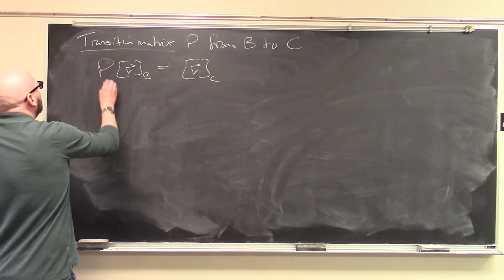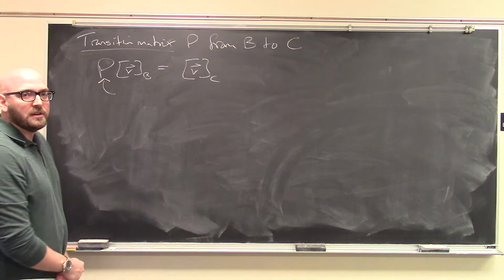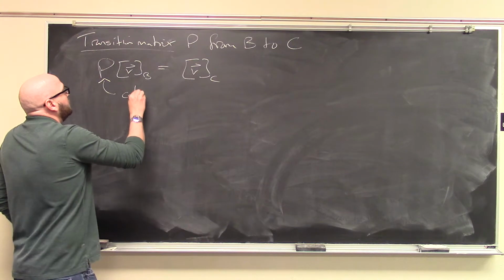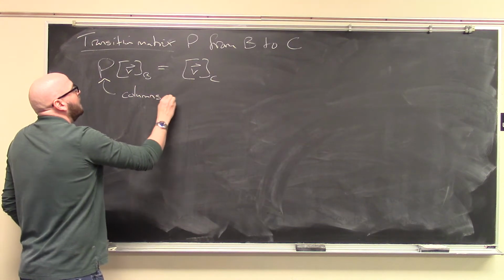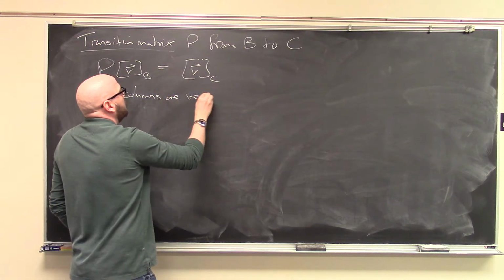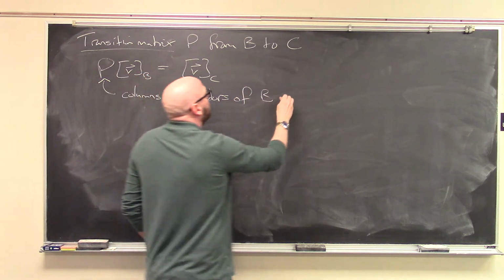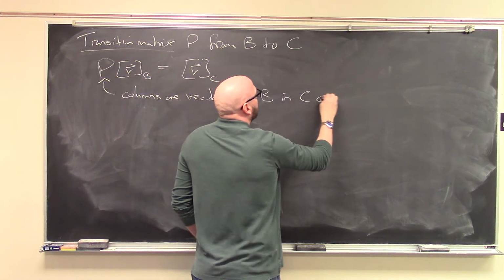The second most important fact is we talked about exactly how to build this matrix P, and the columns are the vectors of this ordered basis B in C coordinates.